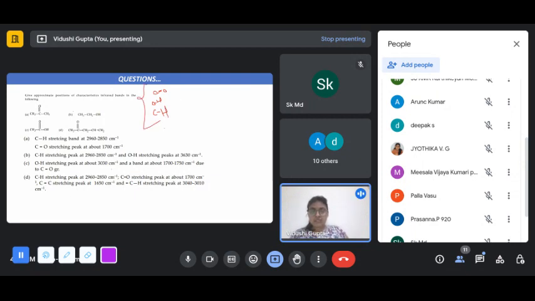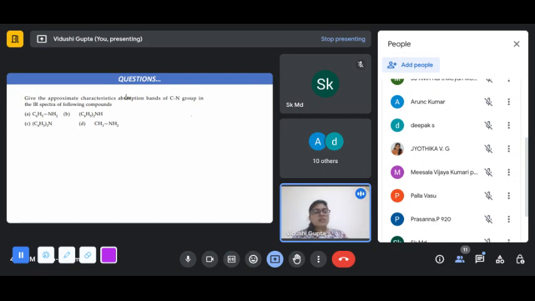For C double bond C stretch, it was approximately 1600, and for sp2 hybridized carbon and hydrogen, it will be 3040. So you all have to remember this.